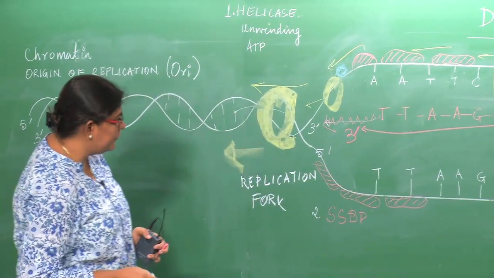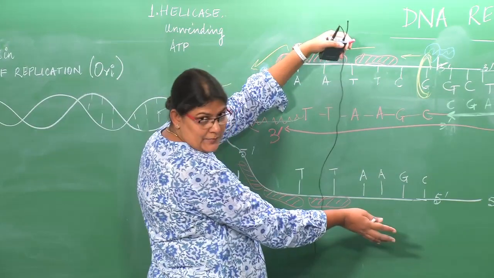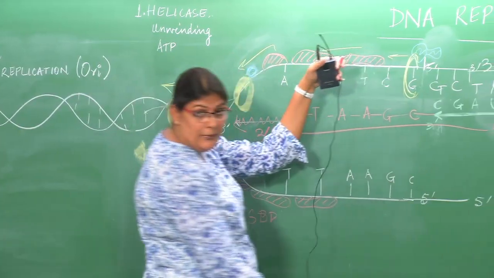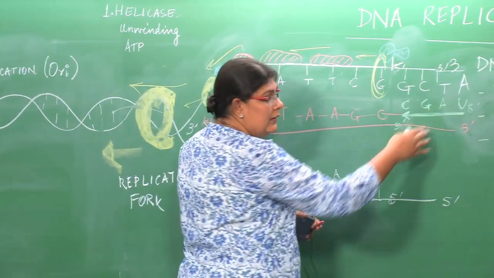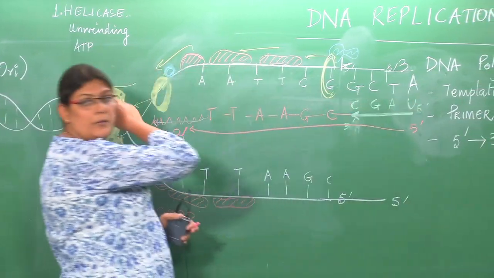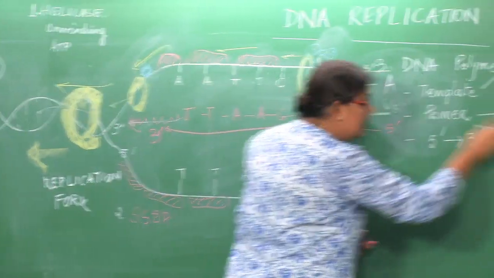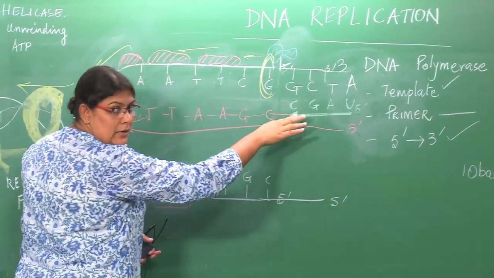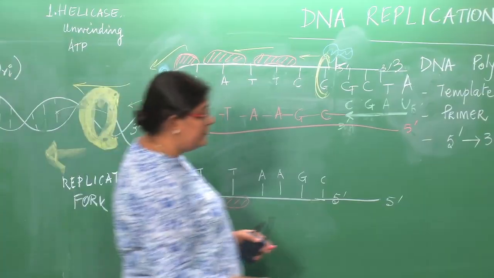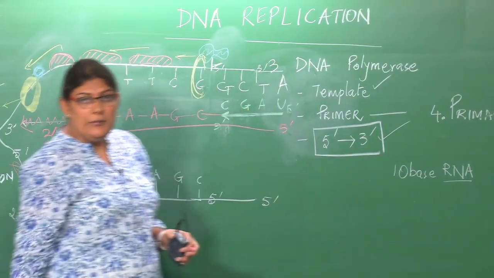Now, in that replication fork, for one of the strands, the 2 strands remain separated thanks to the single strand binding proteins. Once they remain separated, for one of the strands, you start having a quick polymerization. As soon as the primer has been put in thanks to the primase, the DNA polymerase continuously starts adding the nucleotides, because DNA polymerase works only in the 5 prime to 3 prime direction.